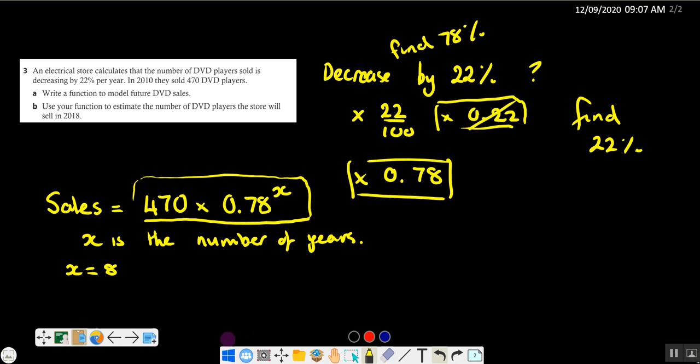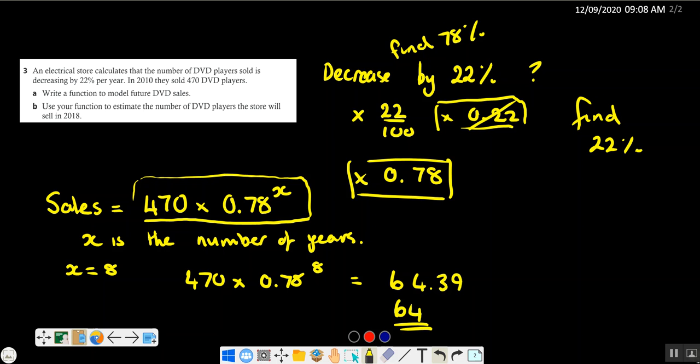So we've got 470 multiplied by 0.78 to the power of 8, which gives you 64 point something. 64.3953752. And you can't have half of something. Have I sold 65 or have I sold 64?